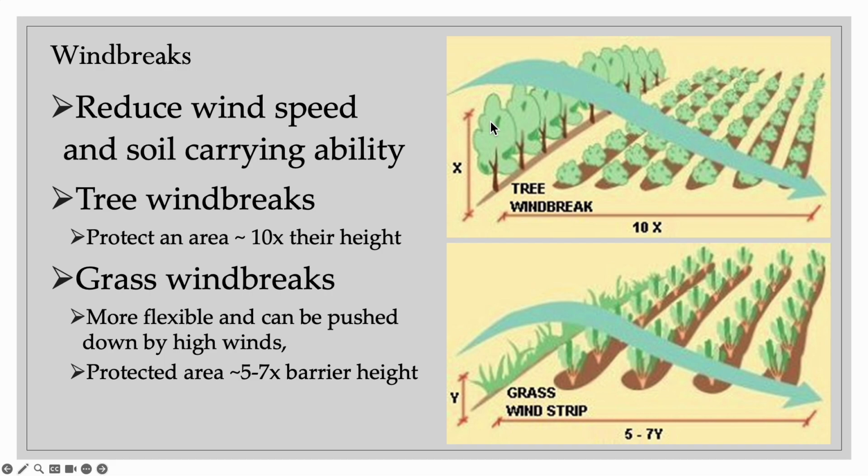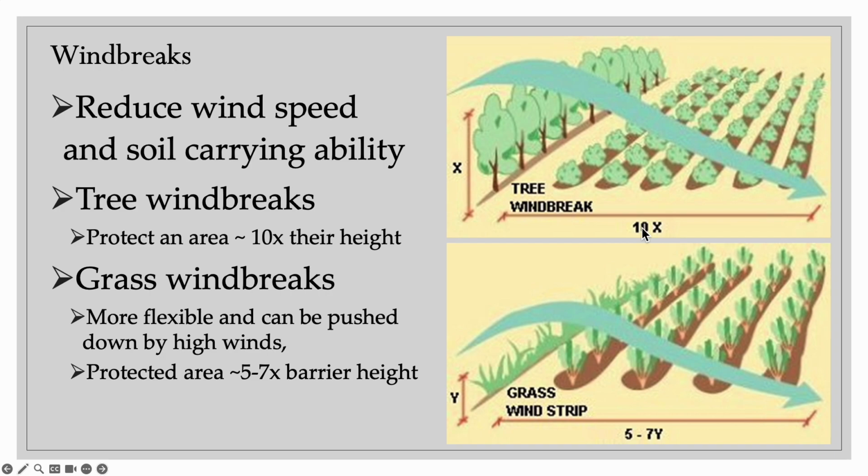All right, so these windbreaks are going to have some influence on moving that air or wind above an area and protecting your crops. When we're talking about tree windbreaks, we can protect an area that is 10 times their height.